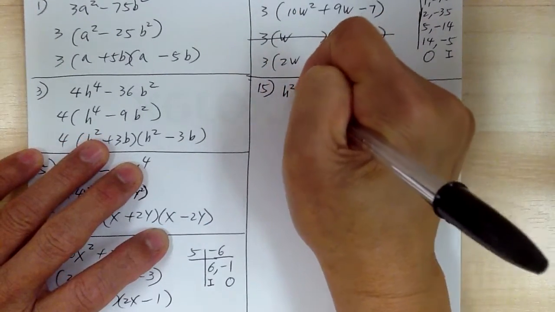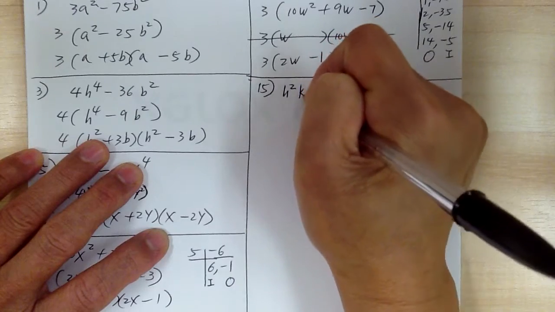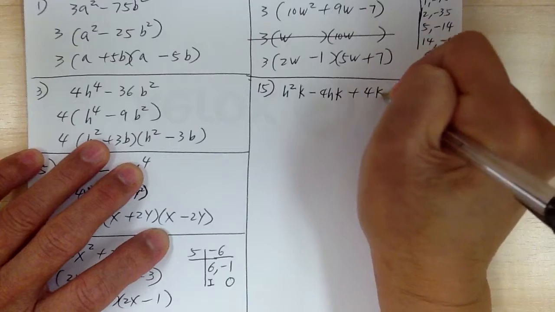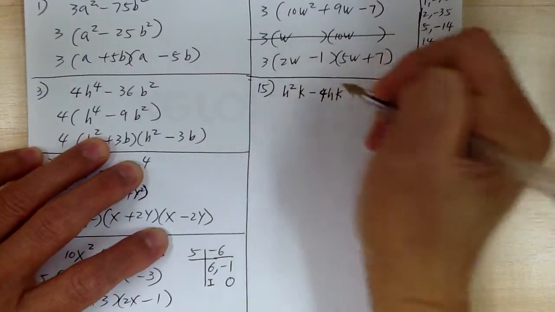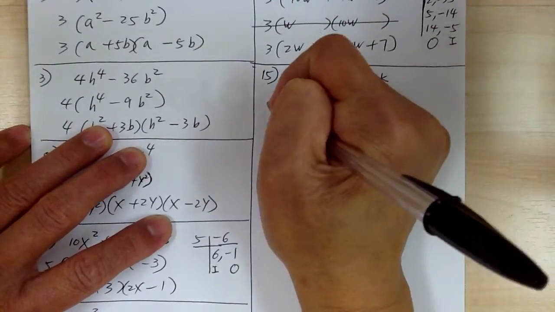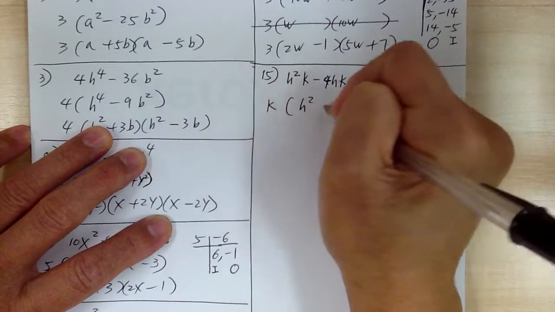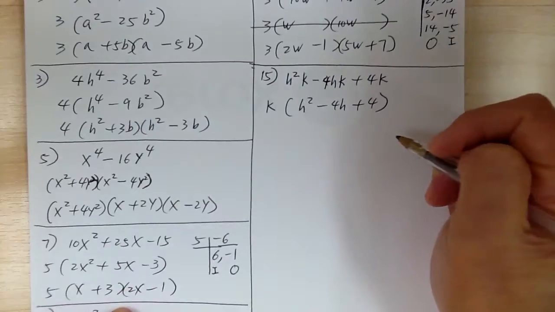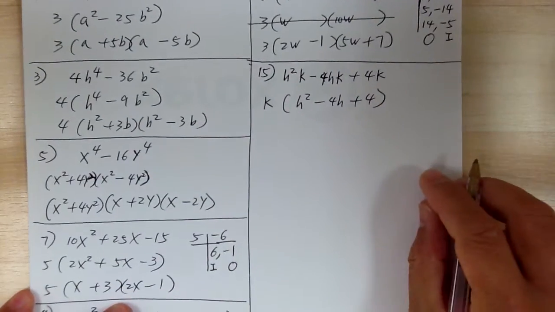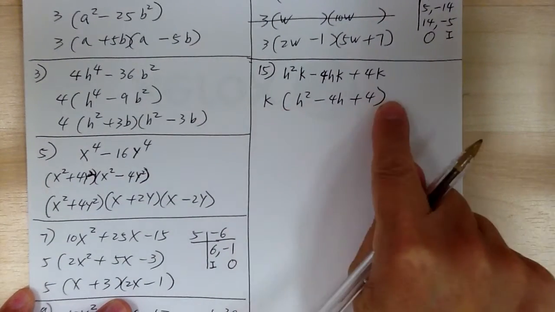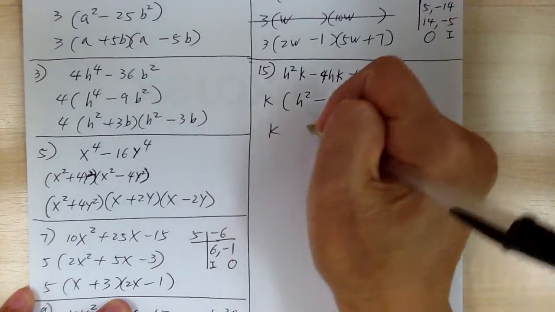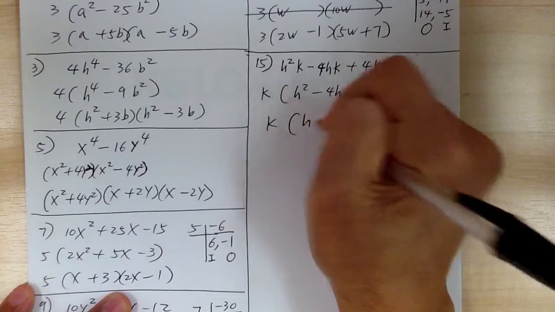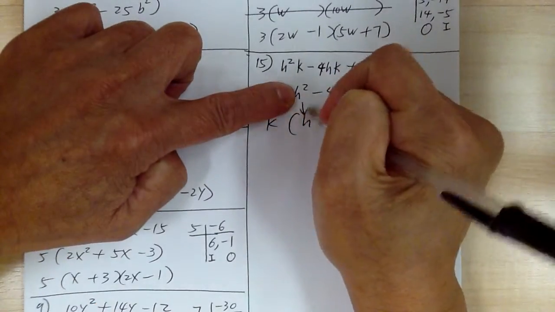You have h squared k minus 4hk plus 4k. So step 1, common factor, I'm going to factor out the k. So I got h squared minus 4h plus 4. Okay, so that's step 1. Now step 2, perfect square. So I'm going to use step 2b, right, perfect square. So from this, I get h.